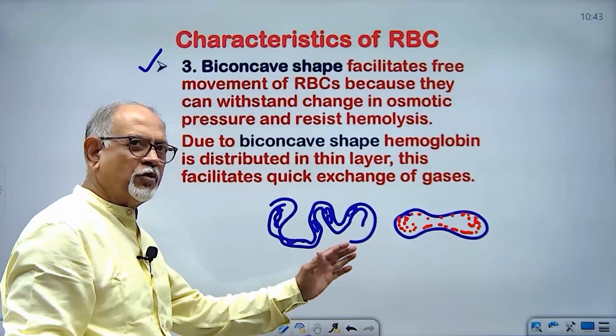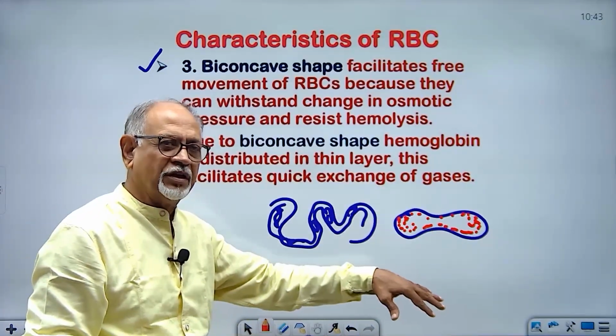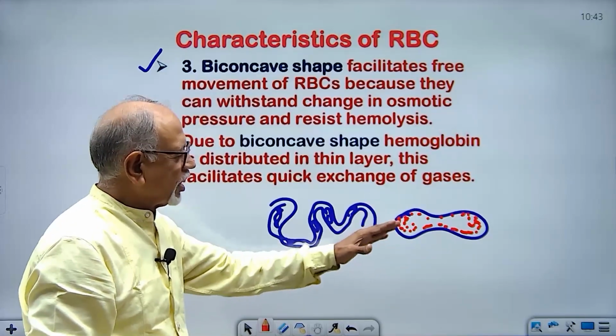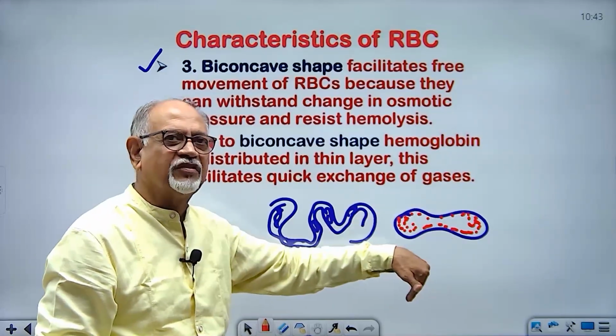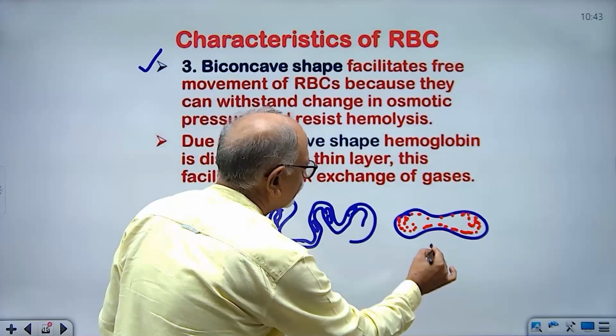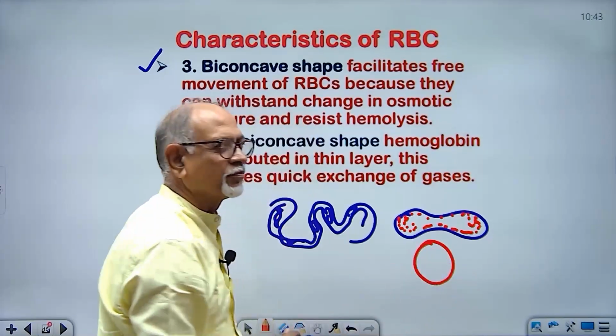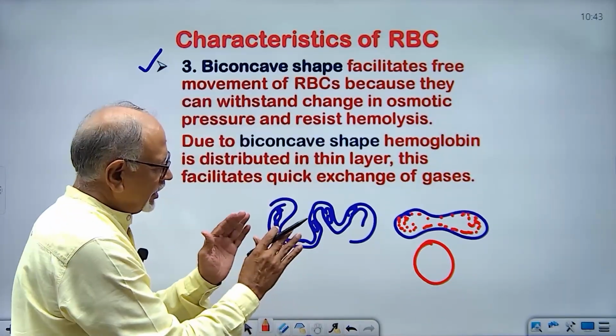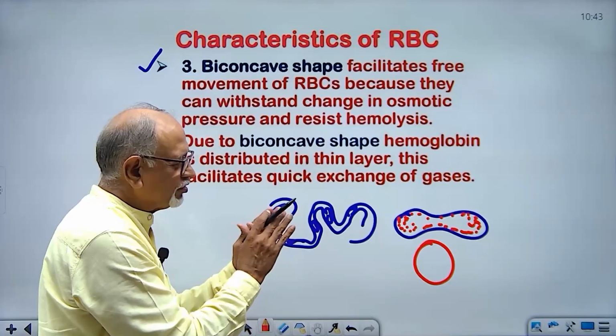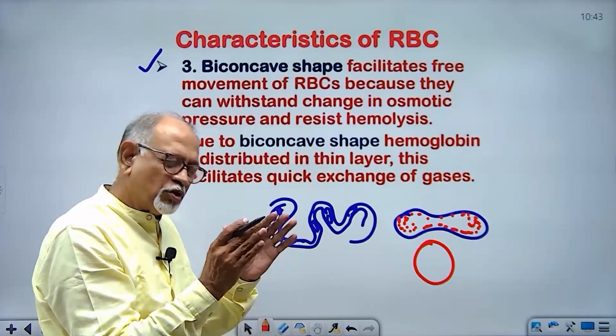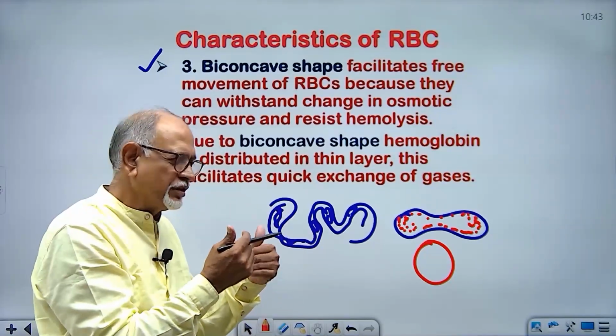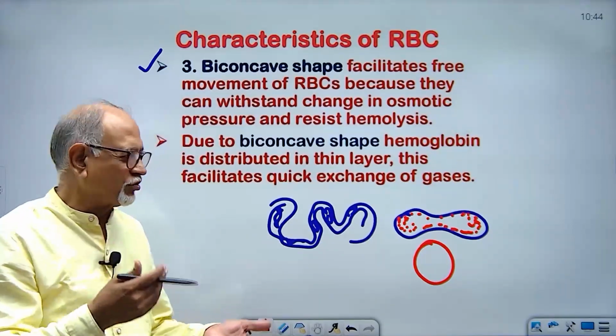It is distributed throughout the periphery, which is now having greater surface area than it would have been in a circular shape, so that the hemoglobin gets maximum surface area to come in contact with the oxygen to form oxyhemoglobin.